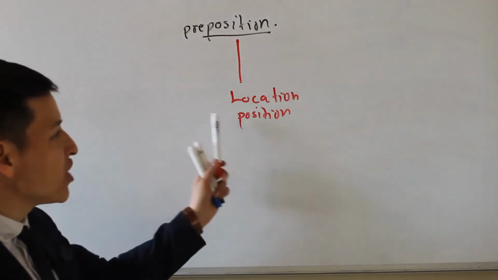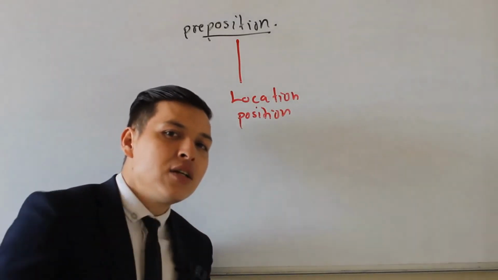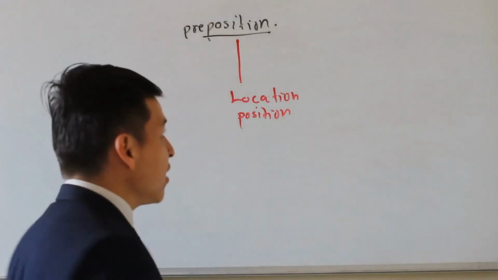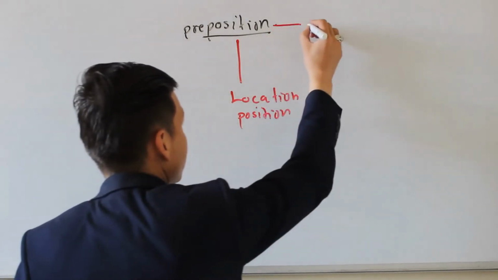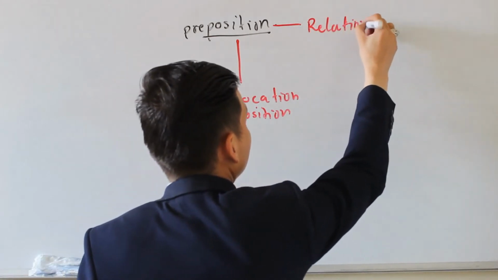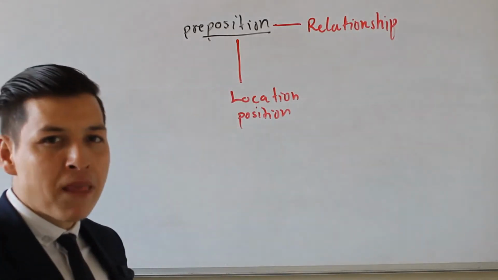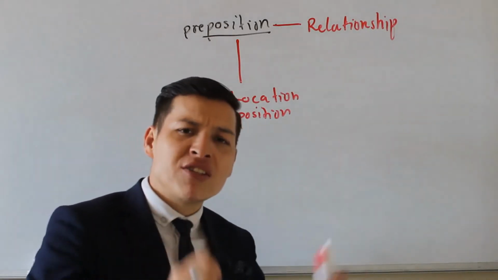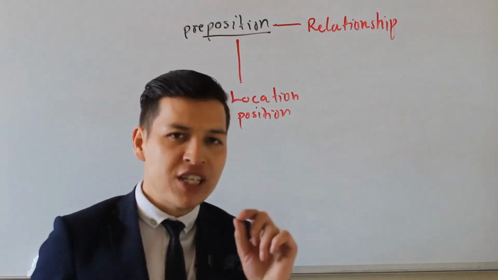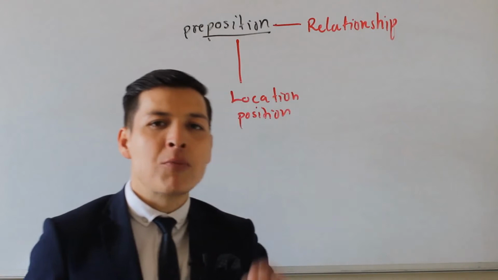So the job of a preposition is showing location and possession, but it has another dimension as well. The other dimension of preposition is that preposition shows relationship between parts of sentence.